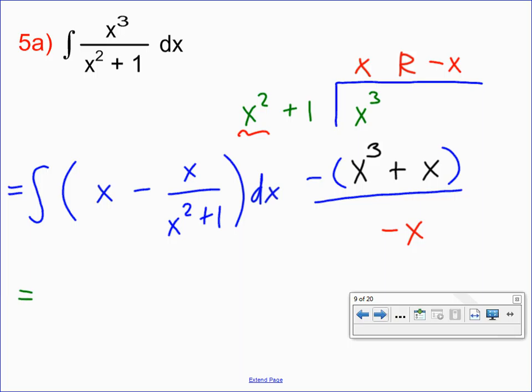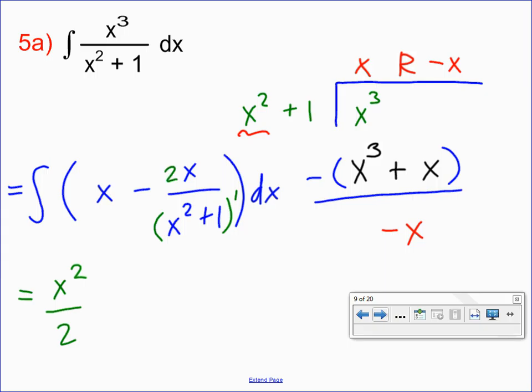This will be x squared over 2. If I had the derivative of this quantity on bottom to the first power, this would be a natural log antiderivative rule. Do I have the derivative? No, but I have the important part, the variable part. So what do I need to include here?